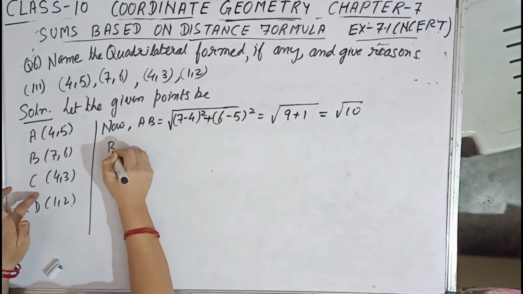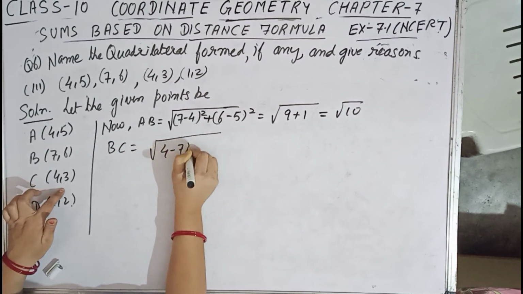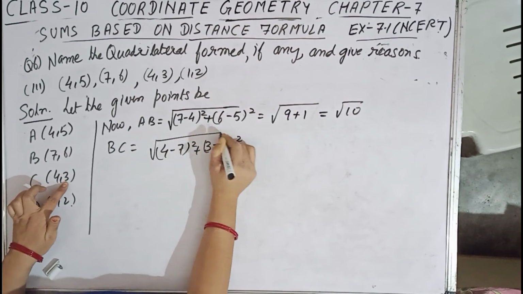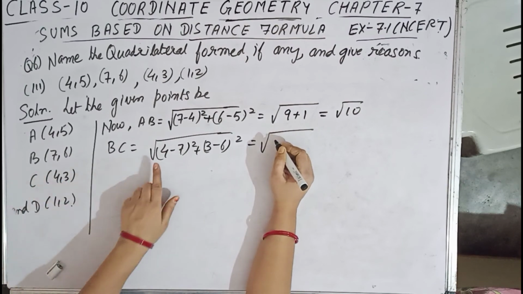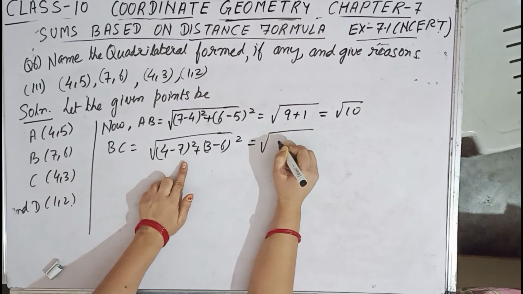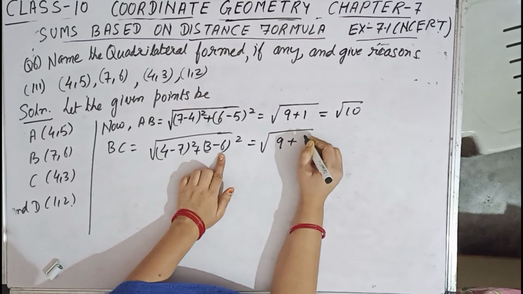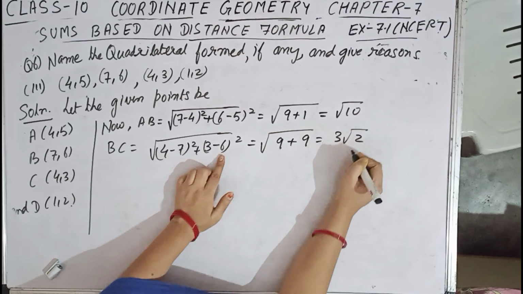Then BC. BC is equal to (4 minus 7) square plus (3 minus 6) square. So 4 minus 7 is minus 3, square is 9, 3 minus 6 is minus 3, so square is 9, so this will be equal to 3 root 2.